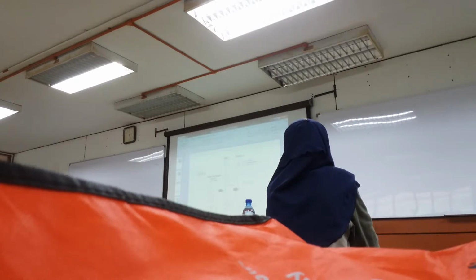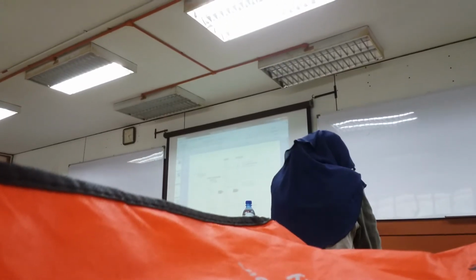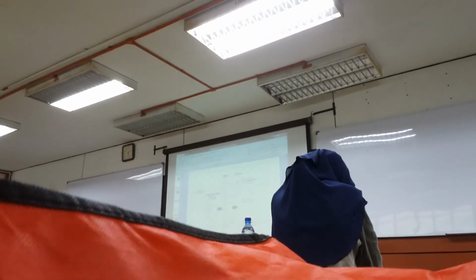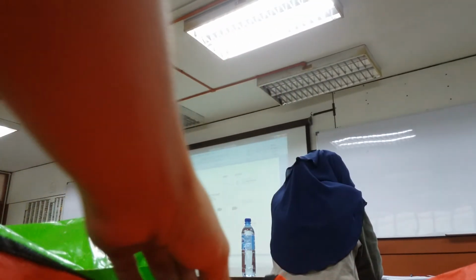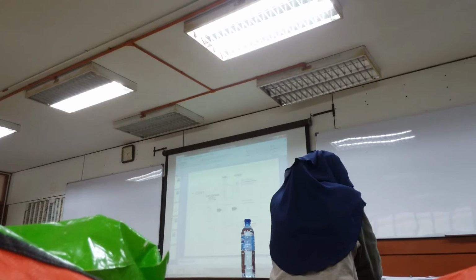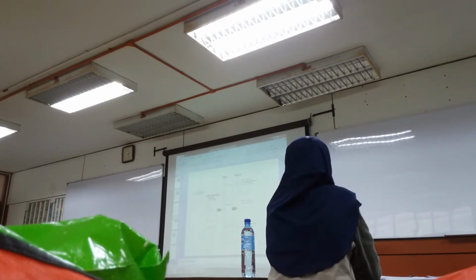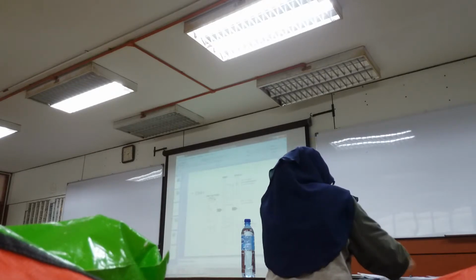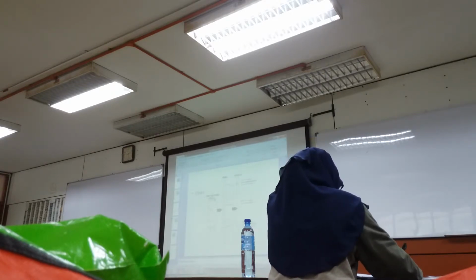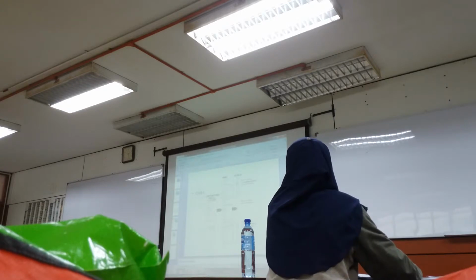So let's have a look a little bit at the normal moveout velocity estimation. When do you need the NMO velocity? When do you need the RMS velocity? You know how to get the RMS velocity, yeah?